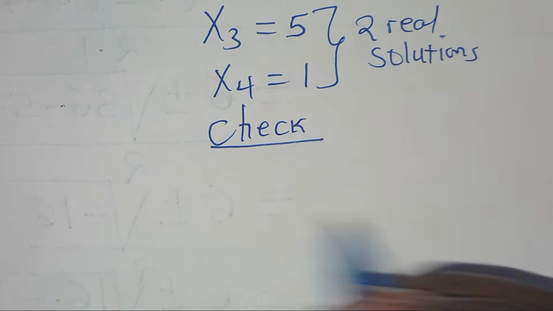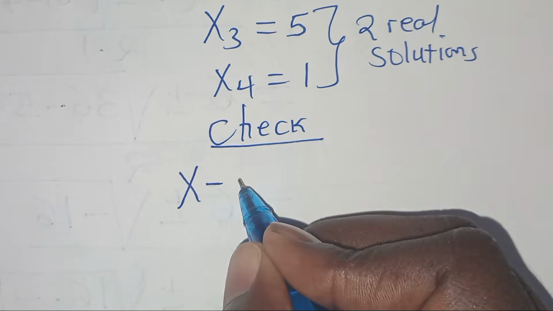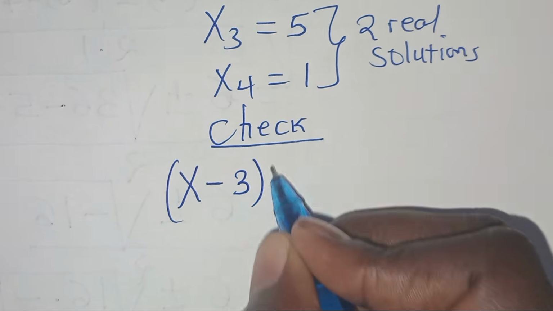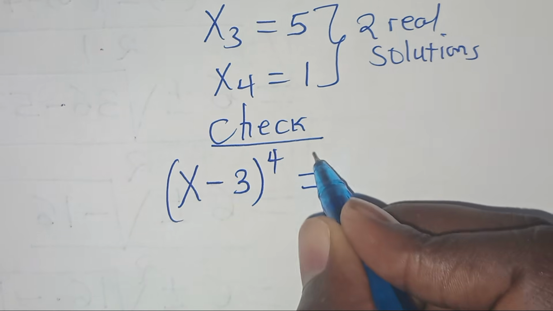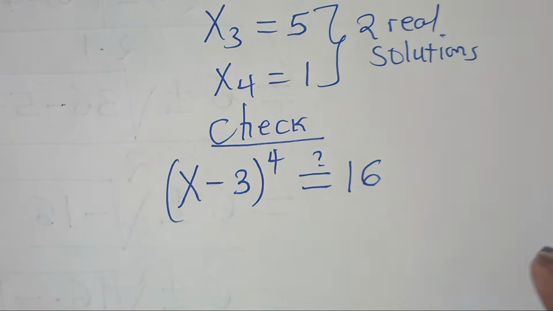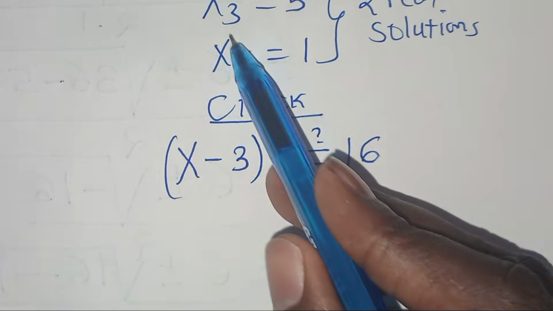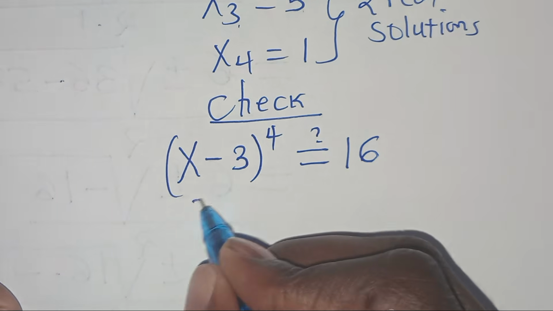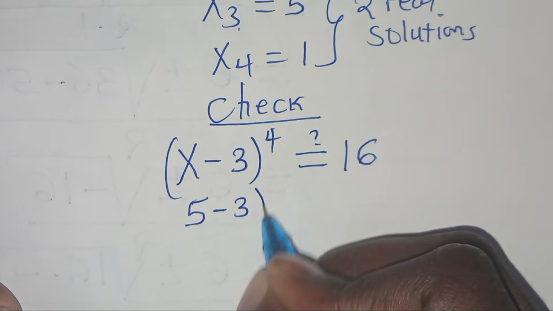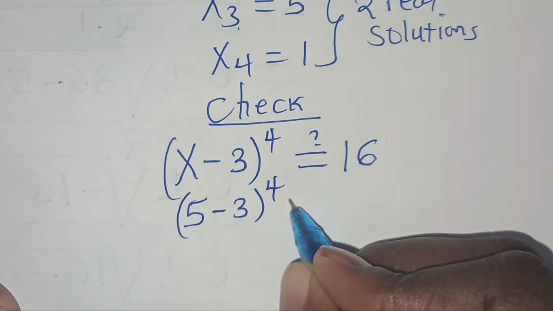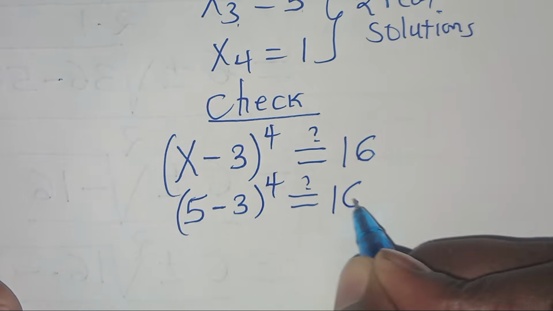Now we have that (x minus 3) raised to the power of 4 is supposed to give us a value of 16. Let's check with x3, which is 5. So we have (5 minus 3) raised to the power of 4. This is supposed to give us a value of 16.